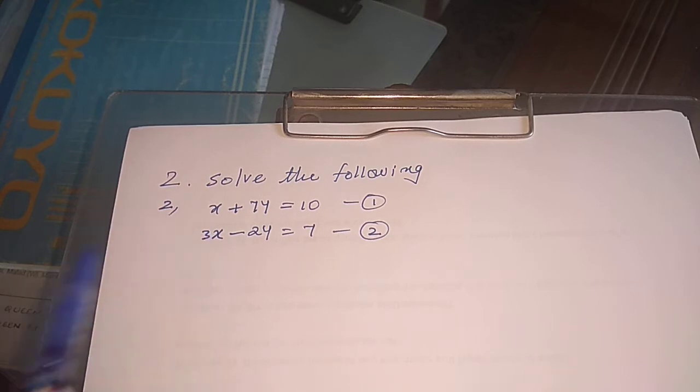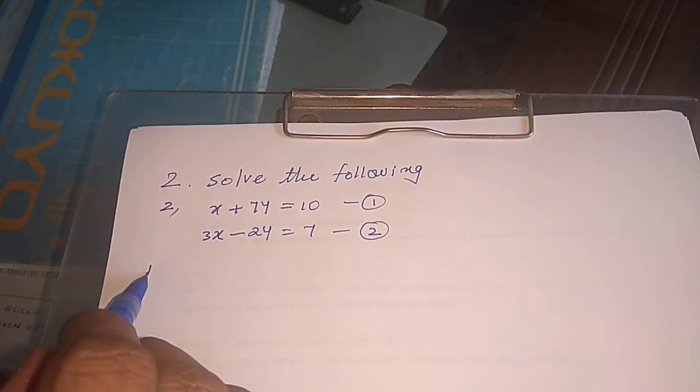Elimination means from one equation get the value of x and put it in the other. That is one way. Or you can use Cramer's rule, or the simultaneous equation method, making the coefficients exactly equal. Let us make the coefficients equal.